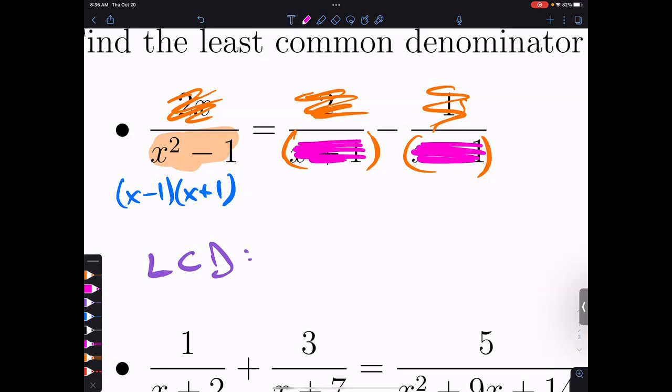Okay, let's try the simpler number example again. This was 2 and 3, and this was 2 times 3. What would the least common denominator be? 6. 2 times 3, right? Okay, so what is it here then?